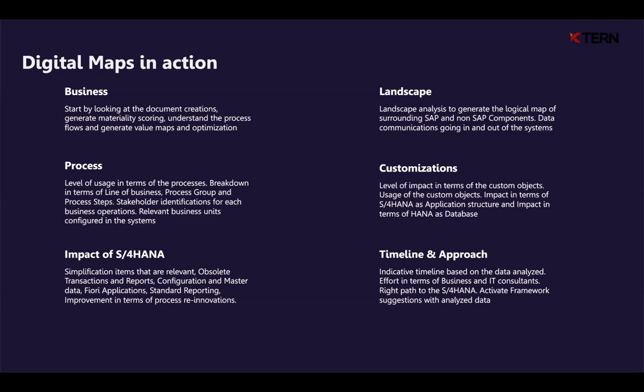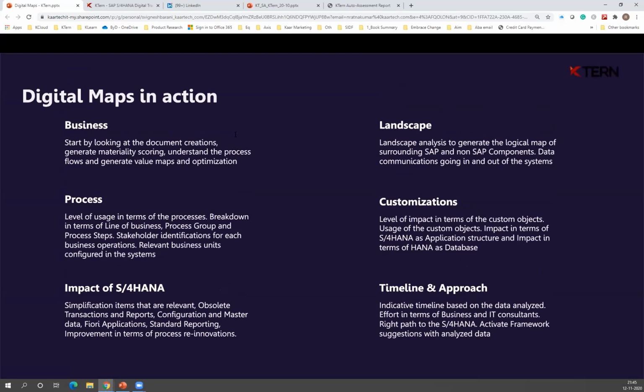It also does a complete drill down on the processes and identifies the different stakeholders, the owners of processes, the impact of the simplifications, how the new world will look, and how your new landscape has to change. Also, the amount of investment customers have made in customizations over a period of 10 to 15 years, how we make sense of it, and an approximate timeline and approach. With that introduction, let me quickly jump into the demo.